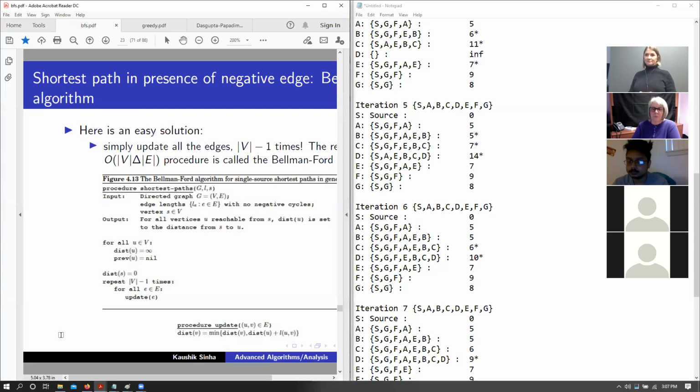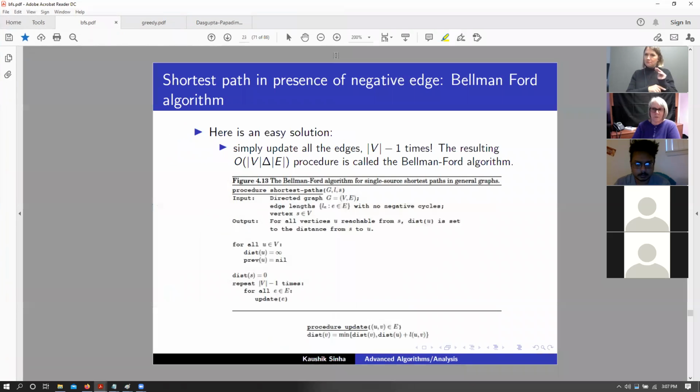And what is the time complexity there? It's V delta E. What is that times? I think that should be plus E. No, not plus E. Times E. That is times E. Sorry about that.